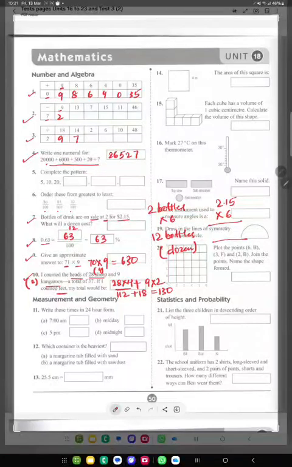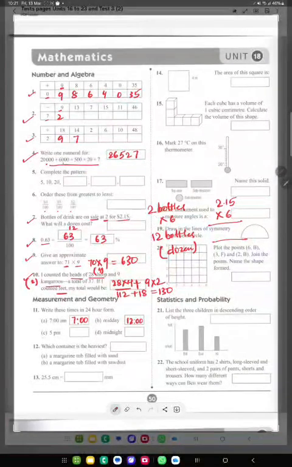Moving on to question 11. Write these times in 24-hour form. 7 a.m. is 7 only, 7 and 00 minutes. Midday has to be 12 noon.